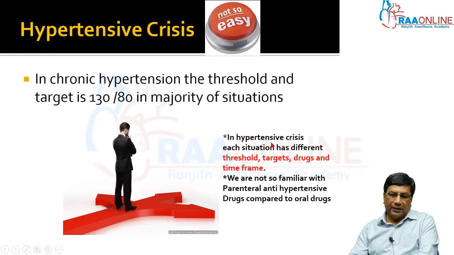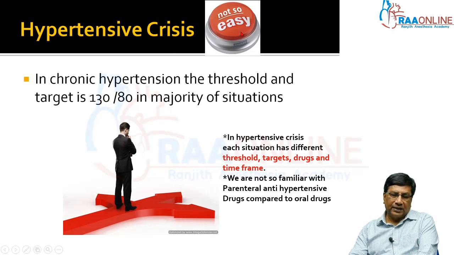But in hypertensive crisis, each situation is different. So, it is easy for us to select drugs and treat chronic hypertension because we have a particular target, a particular threshold at which we have to start the drug, and we know which conditions we have to use the drug, and in the majority of people the target is fixed and the drugs are proven there.